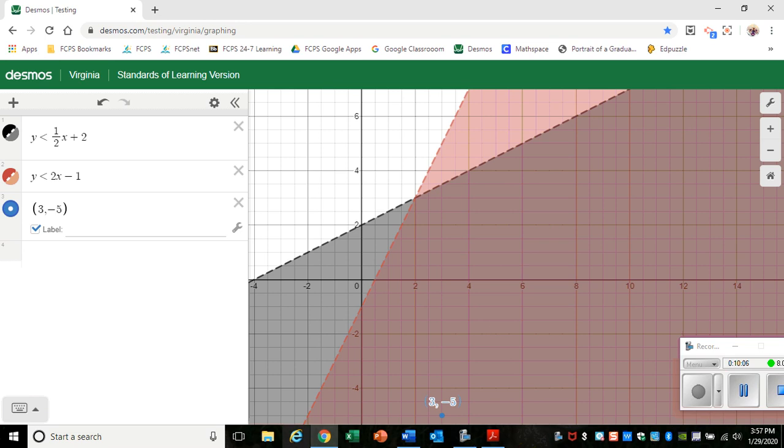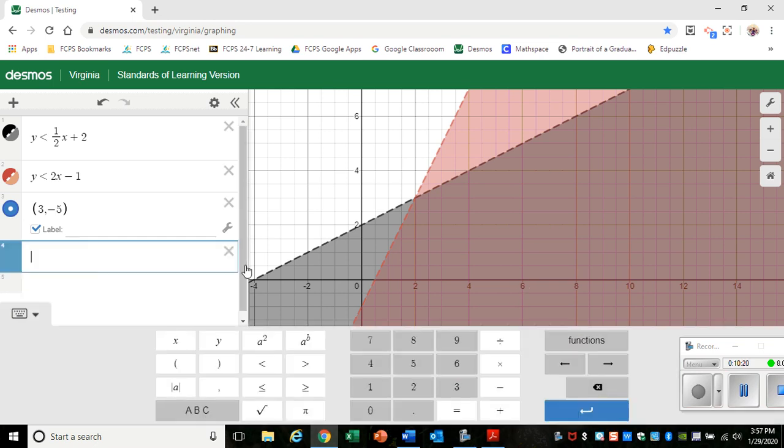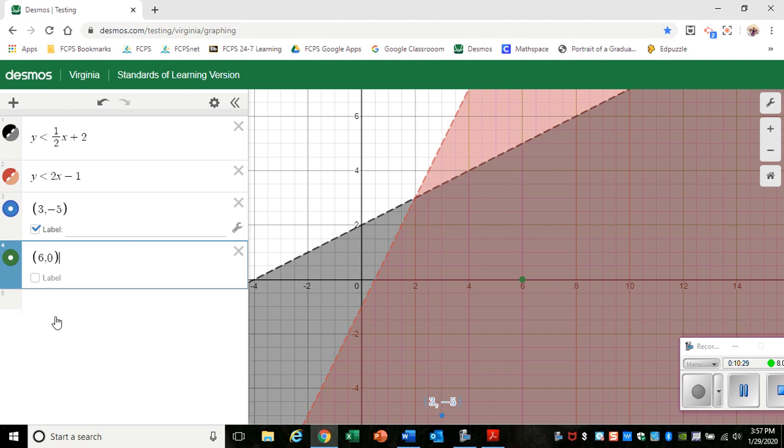And for inequalities, you have many, many answers because any point in this overlap section is a solution for any of these. So what I'm saying is, let's say I just pick 6, 0. Any random point. If I pick 6, 0, and click label, that is also a solution, right?